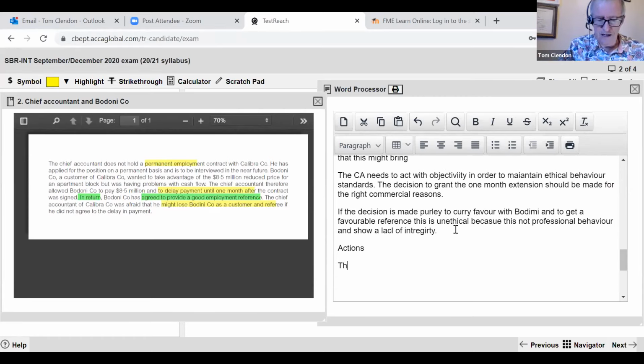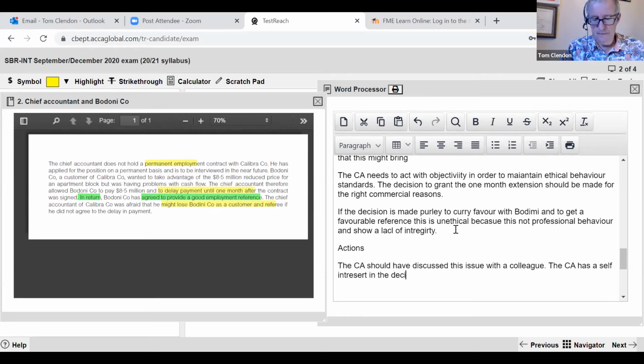Yeah. The chief accountant should have discussed this issue with a colleague. The chief accountant has a self-interest in the decision.